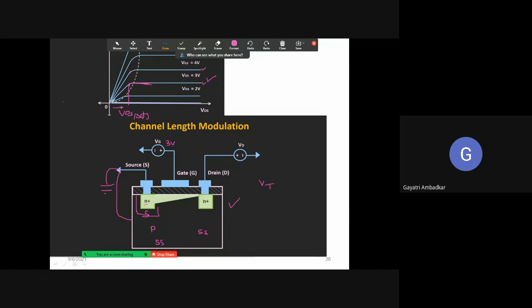From VT onward it has started conducting. You are increasing VDS. VDS is positive, the drain is connected to positive. When the N region is connected to positive, it means you are increasing the reverse bias. So when you increase reverse bias, suppose initially this was your channel form.